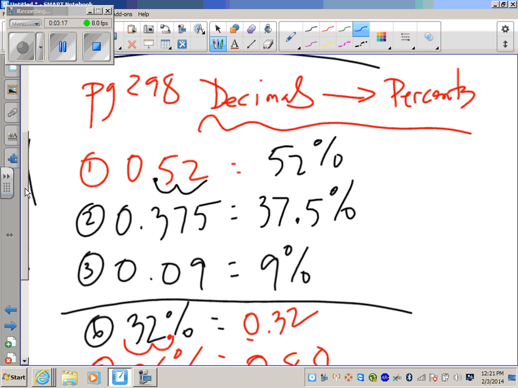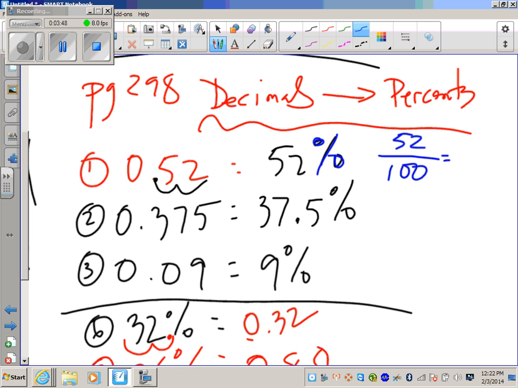Whether it's a decimal or whether it's a percent, it works the same way. If I were to ask you the proper name for this decimal, not saying 0.52, you would say 52 what? Hundredths. If I asked you to write a fraction, 52 hundredths, it looks like that. Or, if you already have it in percent form, it's easy. You just put that number over 100.